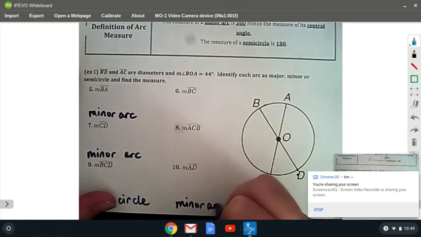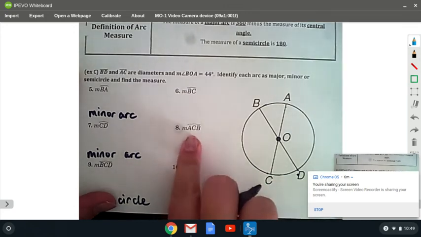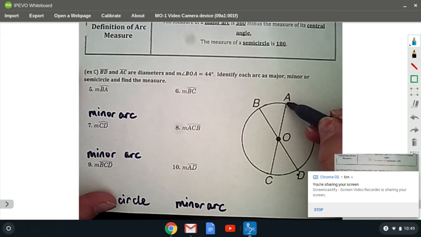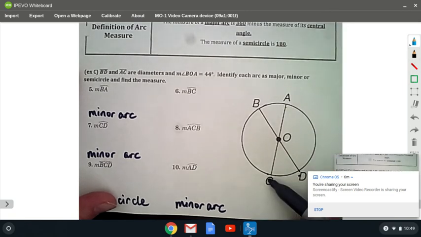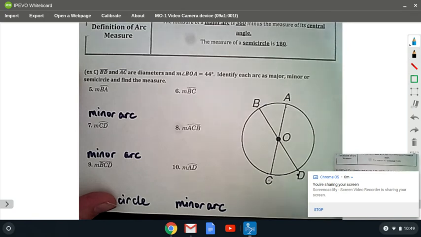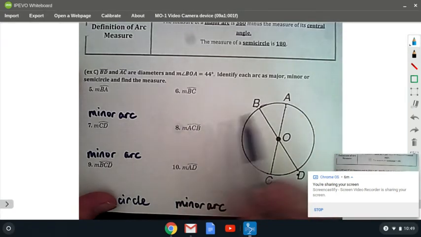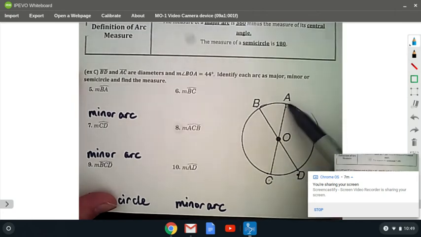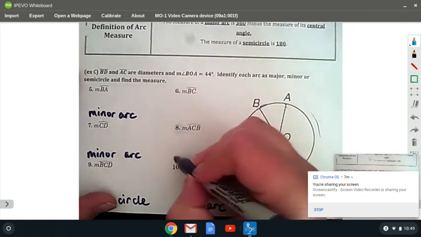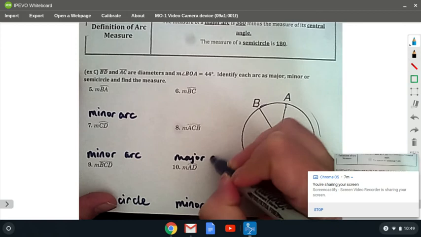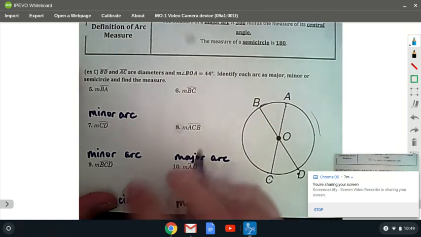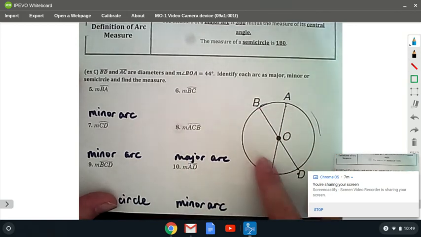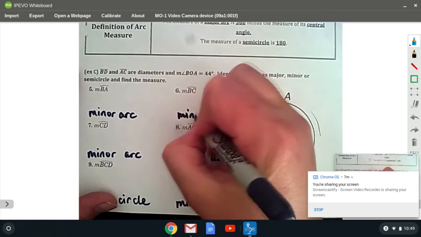It's 2 letters, so it's a minor arc. 3 letters here, A, C, B. Now, some of you might have wondered, do I go A, B, C? No, if C is the next letter, you have to go to C. So A, C, B, that is definitely a major arc. That's a big one. And BC is a minor arc.